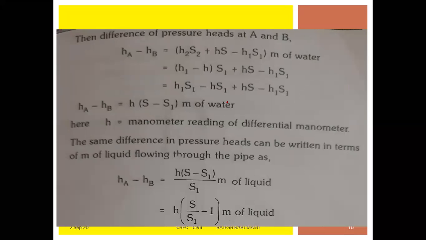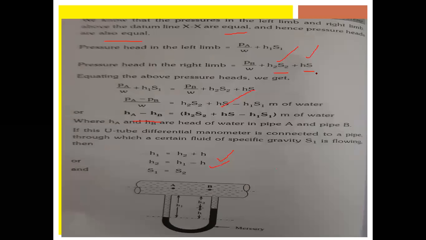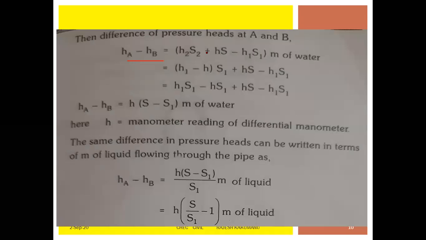Now, the difference of the pressure heads at A and B: HA minus HB is equal to H2S2 plus HS minus H1S1 meters of water. How is it done? See here, the same thing has been written.